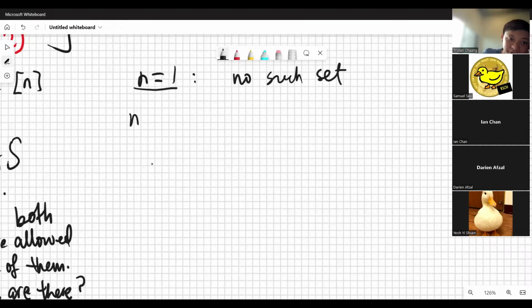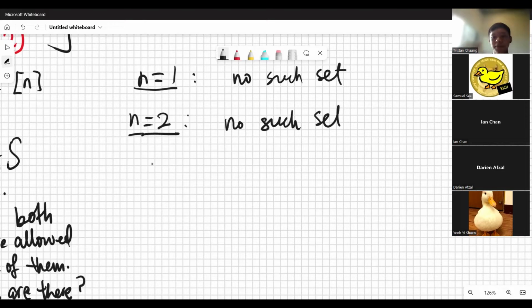N equals 2. Well, no such set either. If it contains 1 only, then the sum is 1, not a multiple of 3. If it contains 2 only, not a multiple of 3. If it contains both 1 and 2, it violates the second condition.